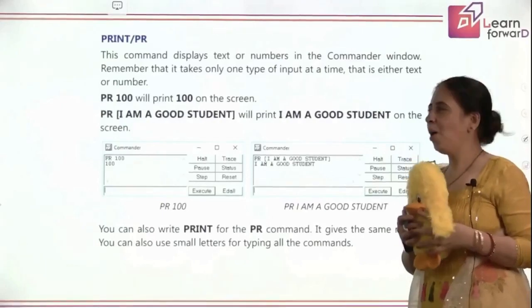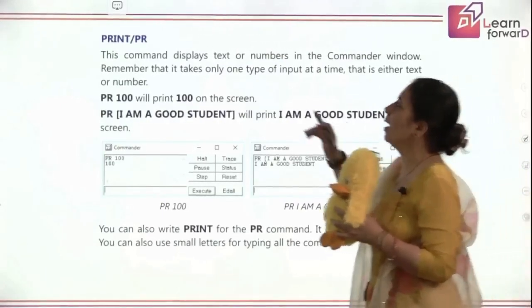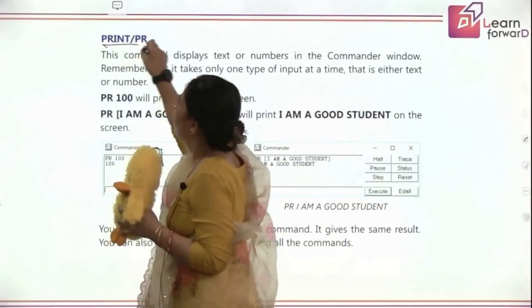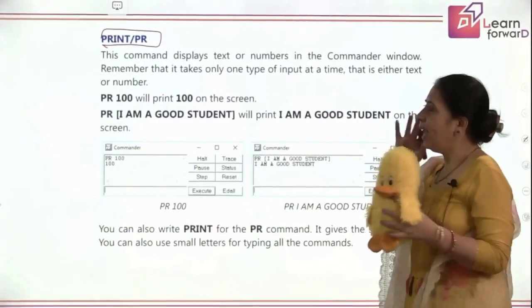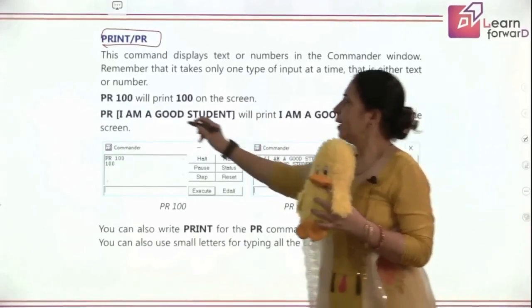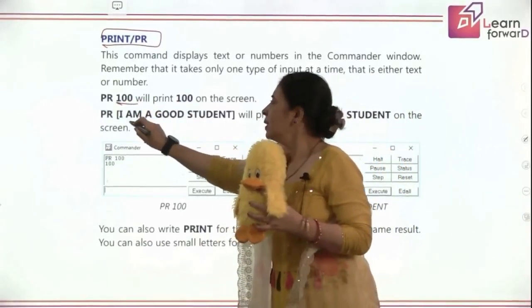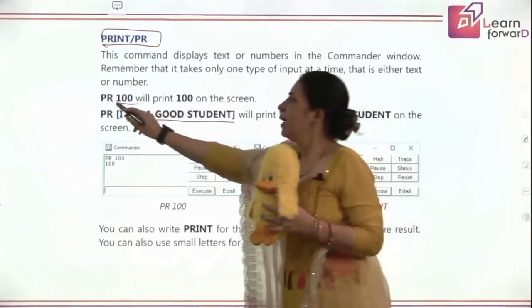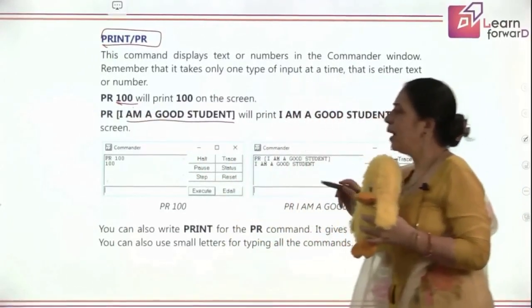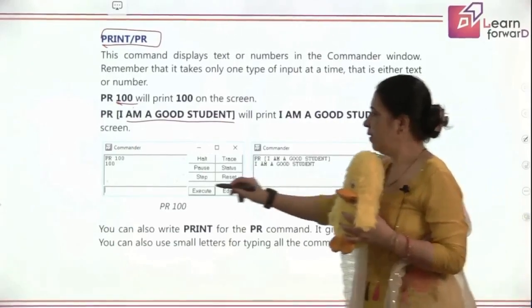And now we come to the PR command. We can write either print or we can write PR. So whatever you want to print, it can be a certain number, it can be some message also. So when I'm writing PR followed by a number, that number will be displayed on the screen when you execute it.